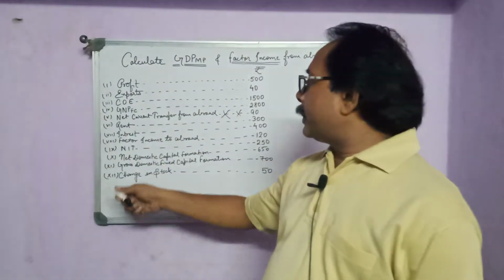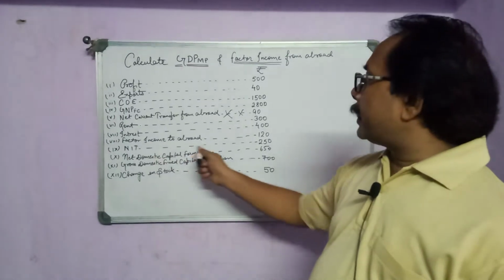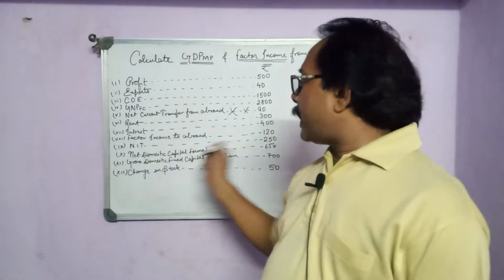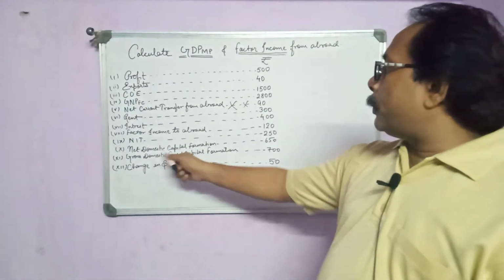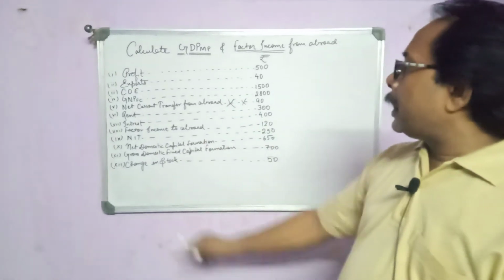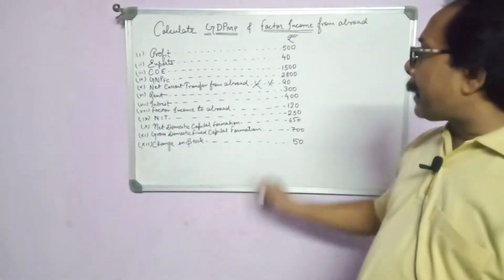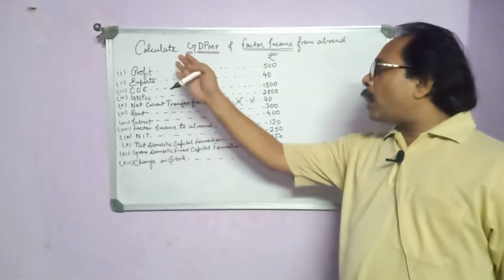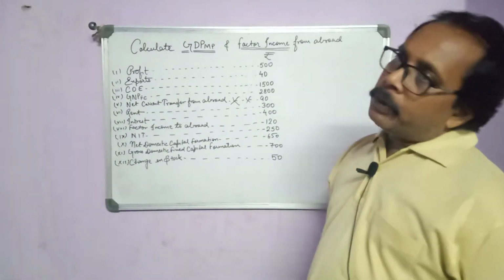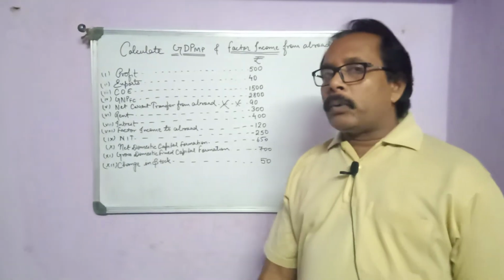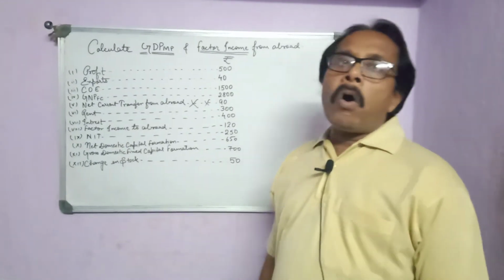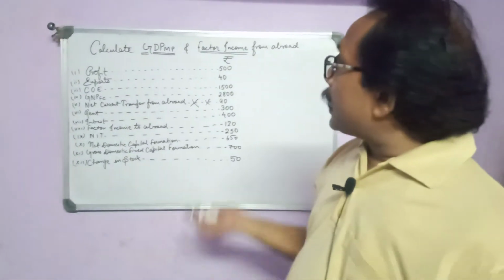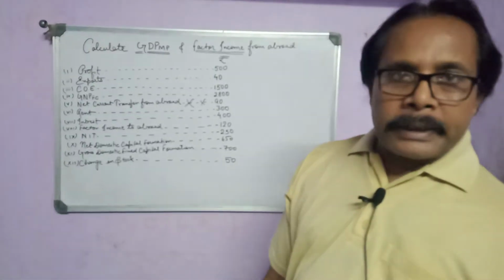Now the rent, interest, factor income to abroad, net indirect taxes, net domestic capital formation, gross domestic fixed capital formation, and change in stock. All the components will be used either to calculate domestic income or in the calculation of national income.